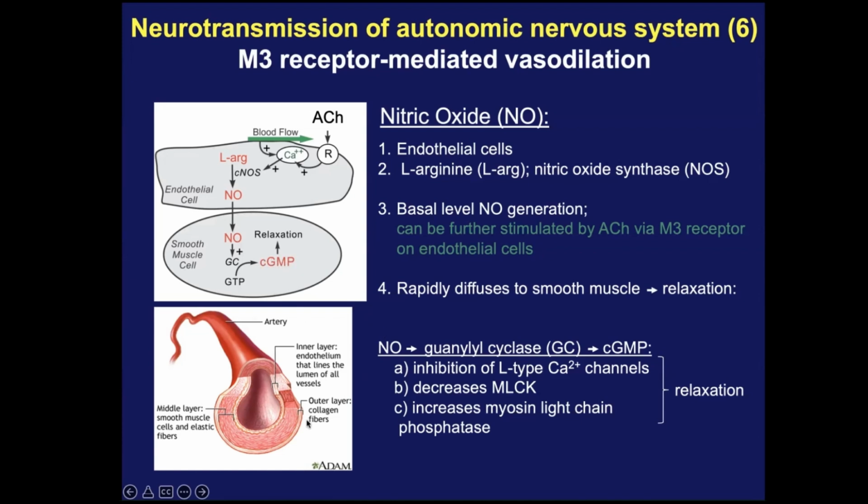And the cGMP can cause vasodilation by 3 different mechanisms. The first is the inhibition of the L-type calcium channels. And second, it can decrease the activity of the MLCK. And thirdly, it increases the myosin light chain phosphatase.